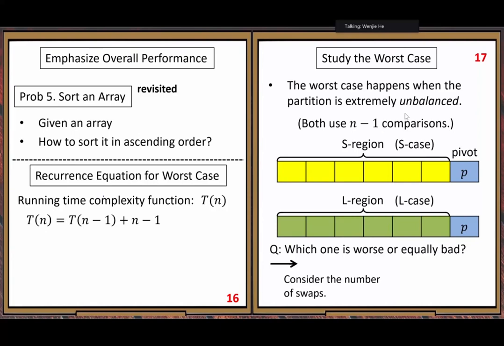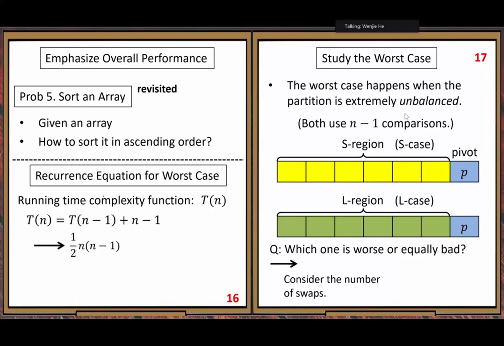But we only reduce the problem size by 1, so we need T of n minus 1 for the remaining comparisons.